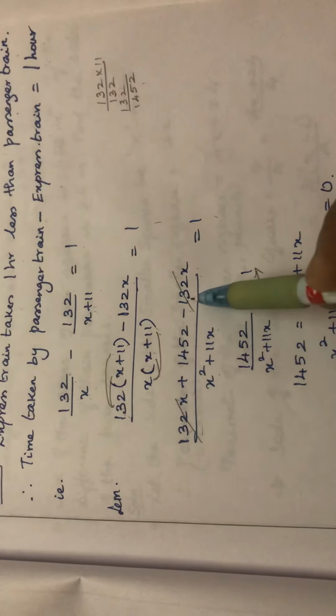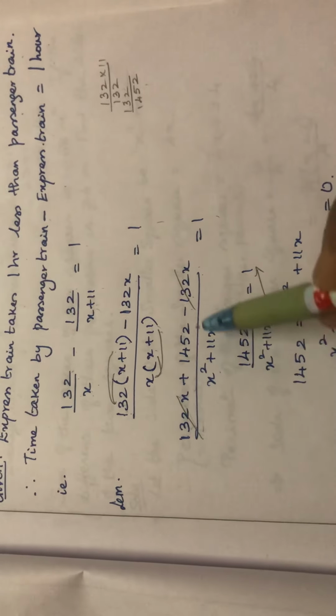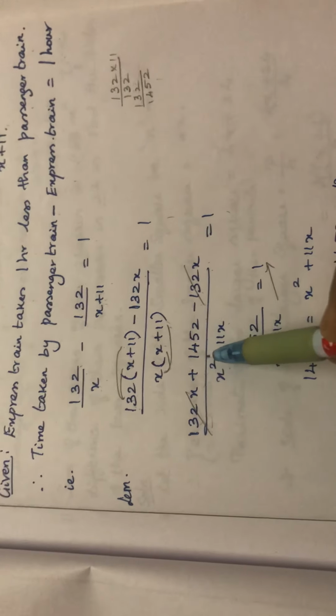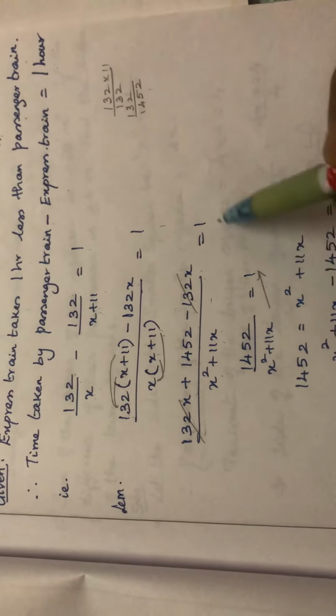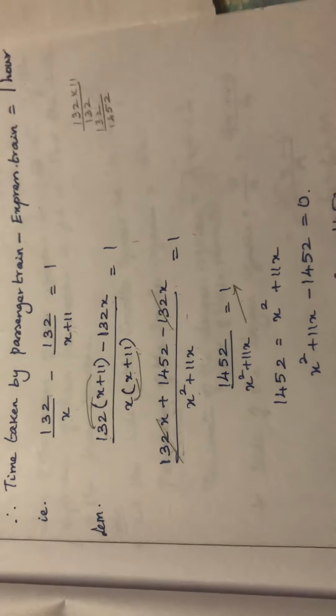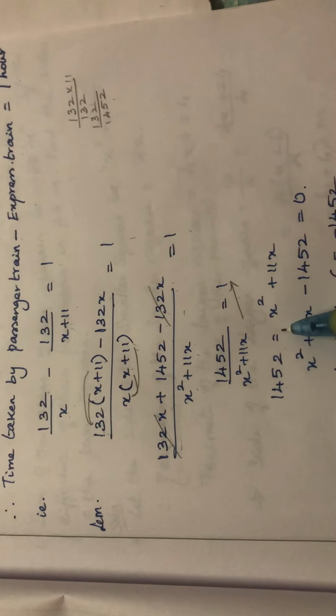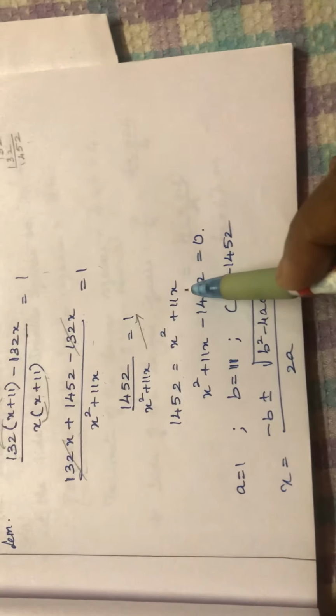One is positive, one is negative, so I can cancel this. What is the rest of the term is 1452 by (x square plus 11x) equal to 1. Now cross multiply. 1452 equal to x square plus 11x.